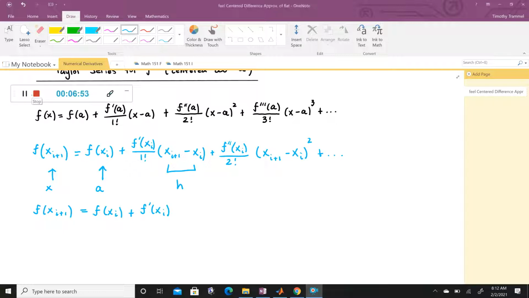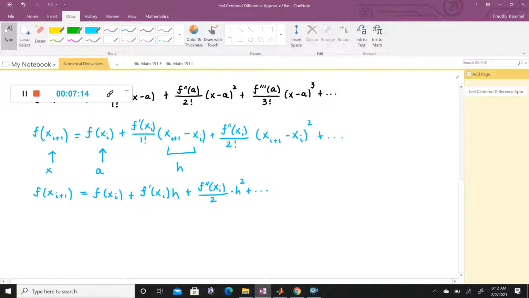So we'll place an h here. And then finally on to that second derivative, f double prime of x sub i over 2, right? 2 factorial is just 2, and then times h squared. All right, and then we're going to try one more of these. But this is one of the formulas that we're going to use.